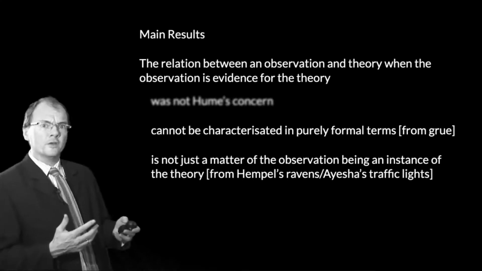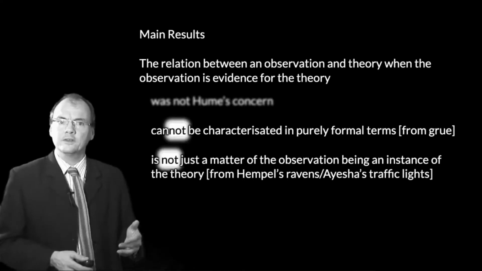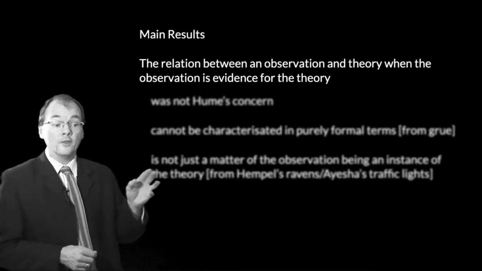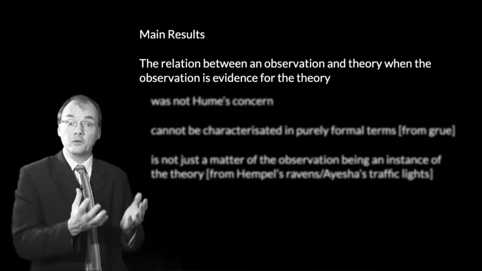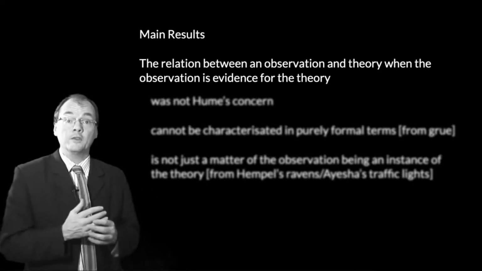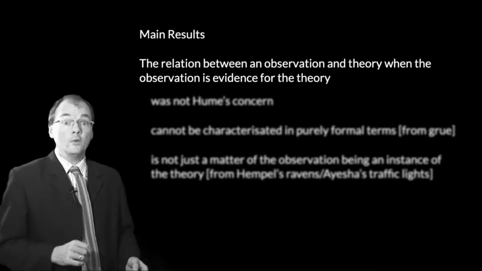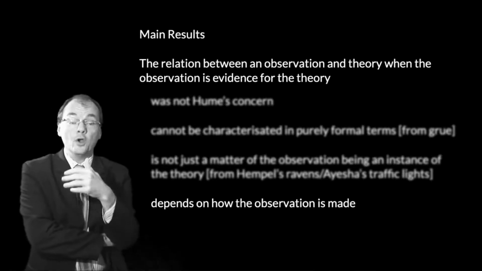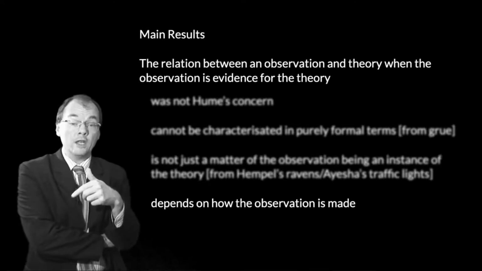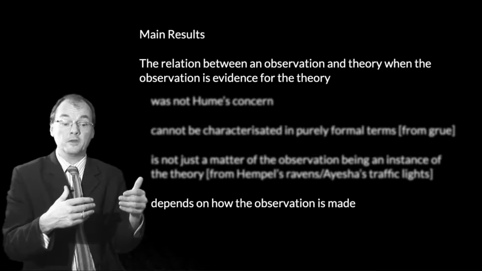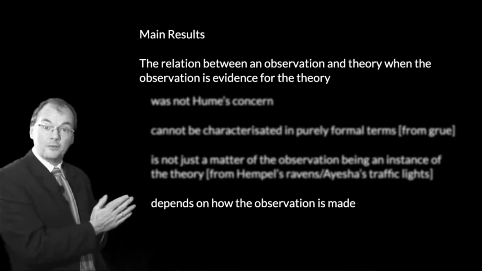Now at this point you might say, look Steve, this is all looking a bit negative. Haven't you got a more positive conclusion for us? And the truth is I have. So the negative stuff's kind of good and interesting because it moves us on, but it's really the positive stuff that's more exciting. And we've seen quite a bit there. So the first thing we found is that whether or not that relation holds between an observation and a theory, when the observation is evidence for the theory, depends on how the observation is made.